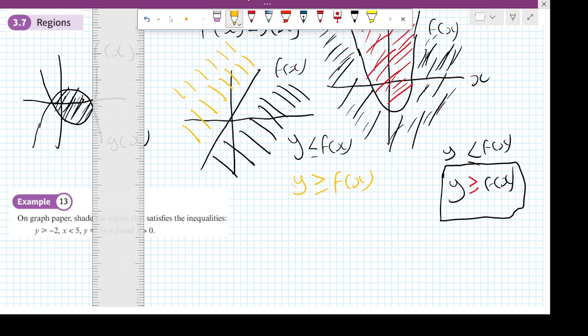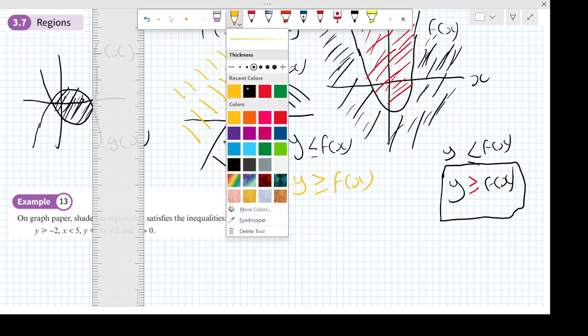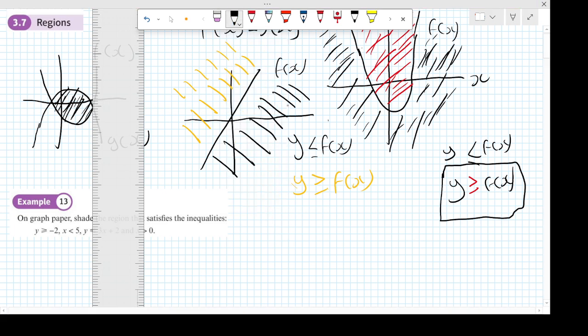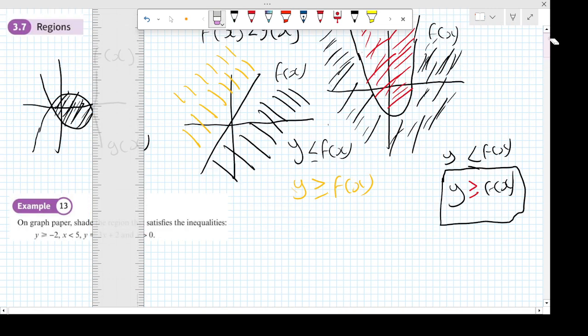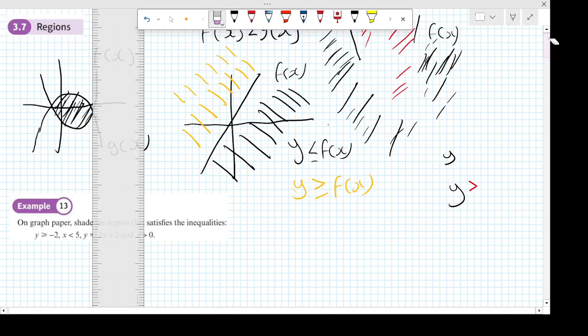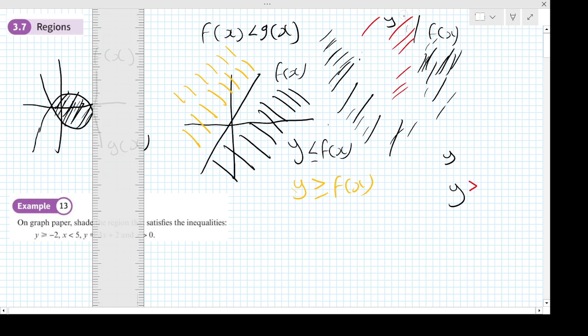So we're going to be using that idea of being above or below the curve. That's going to help us sketch or solve, be able to visualize inequalities visually. Cool. I'm going to get rid of this because I'm going to go over something else.